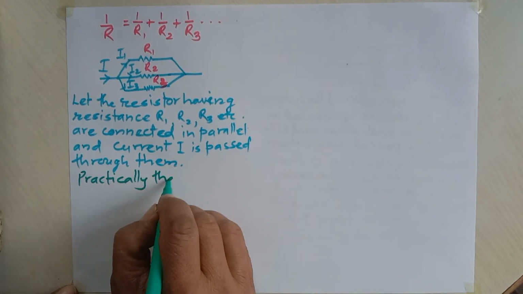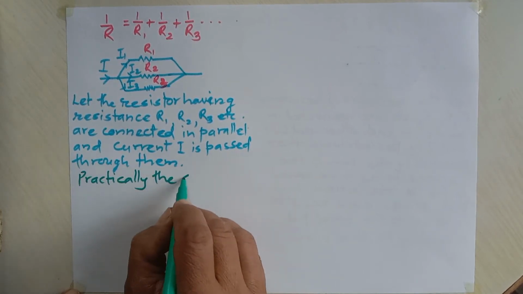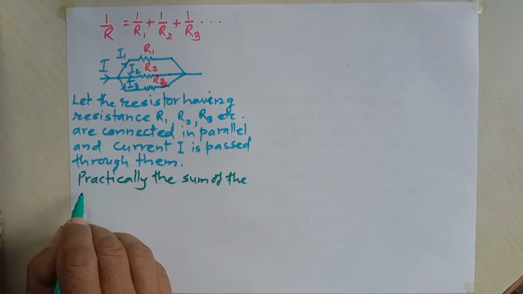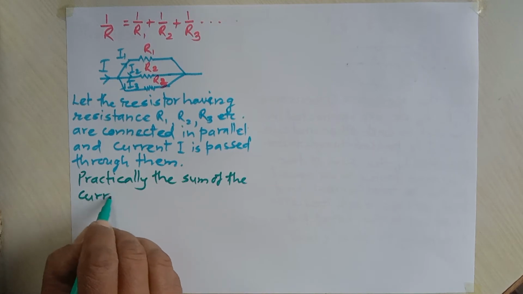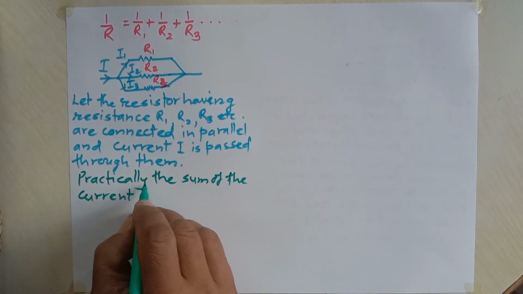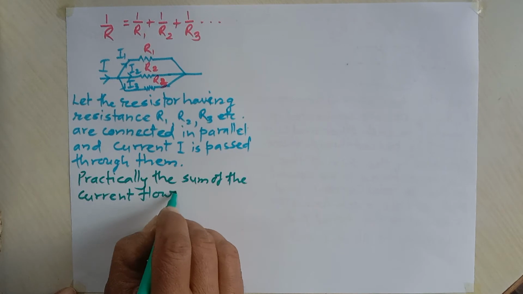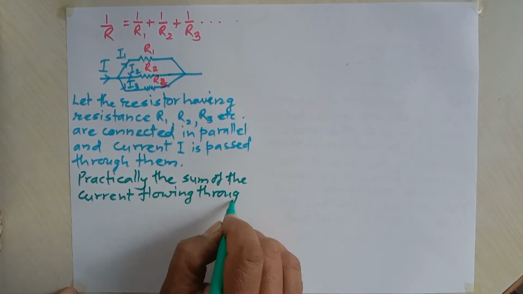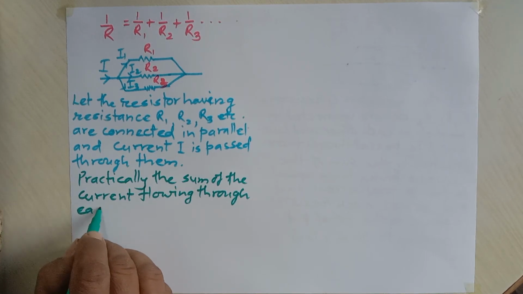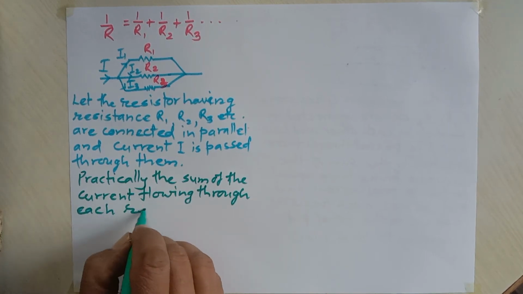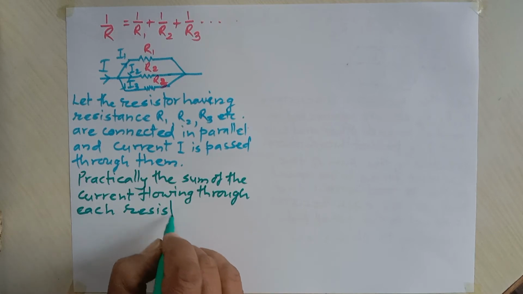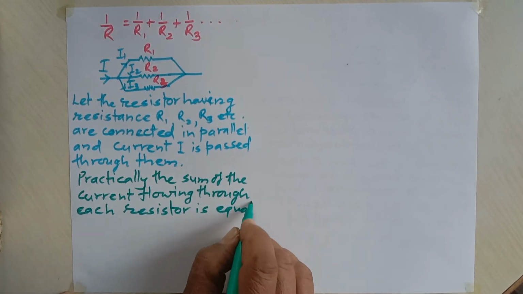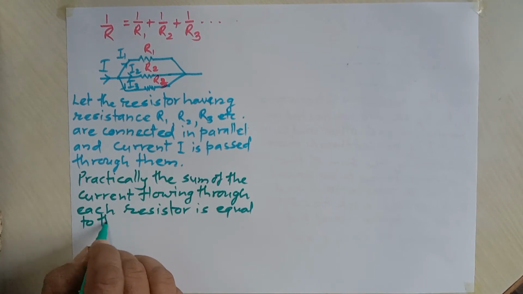The sum of the current flowing through each resistor is equal to the total current.